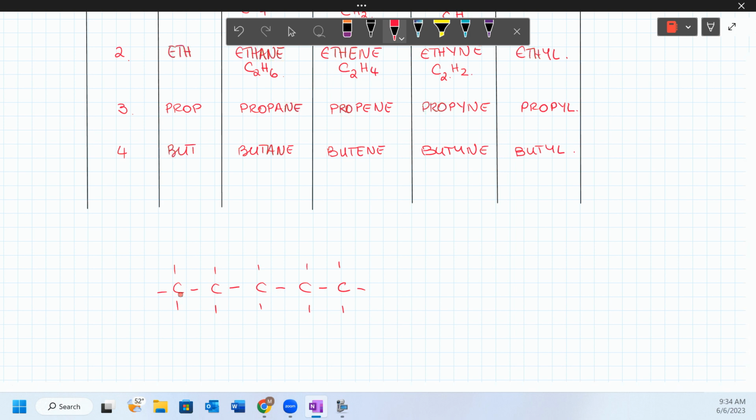When we have a branch, then what we will do is find the longest carbon chain. You have to count and see all the opportunities to have the longest one. So you will count 1, 2, 3, 4, 7, 1, 2, 3, 4, 6, 1, 2, 3, 4, 8. That will be the longest chain. Then circle the groups. I recommend you write the group name there as well, and then label the carbons so that the group is first.